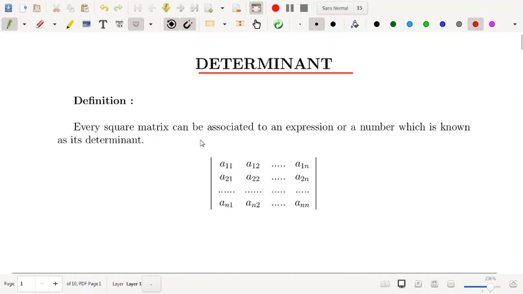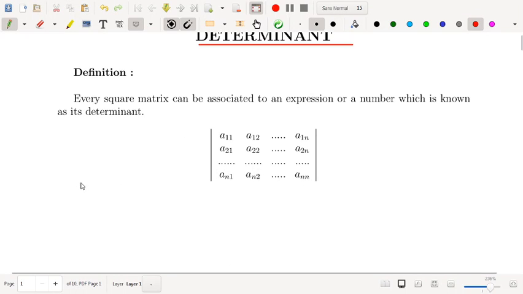Every square matrix can be associated to an expression or a number which is known as its determinant. Suppose you have a matrix A11, I am writing a 3 cross 3 matrix, an n cross n square matrix. So determinant is always associated to a square matrix.